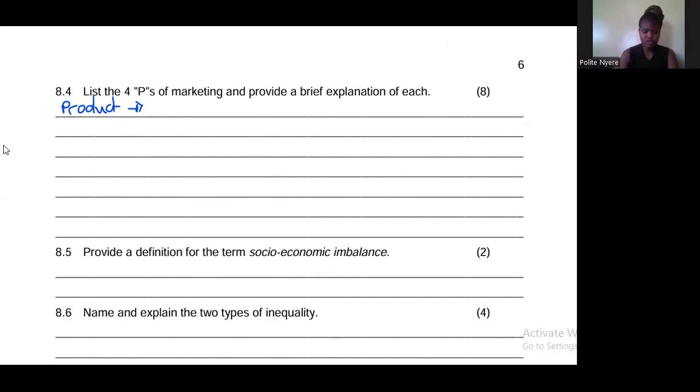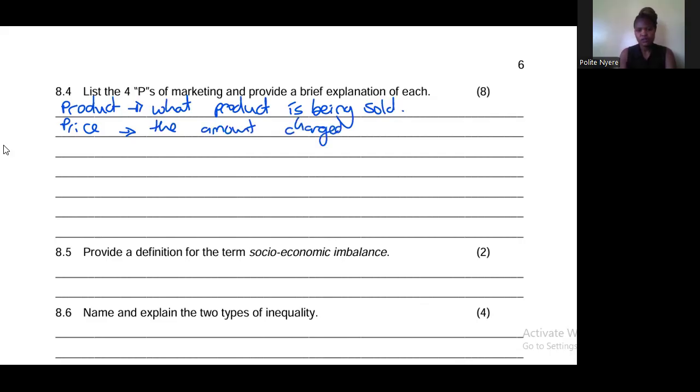When we talk of a product, we are talking about what it is that you're selling, what product is being sold. Then price, we are talking about the amount charged for the product.